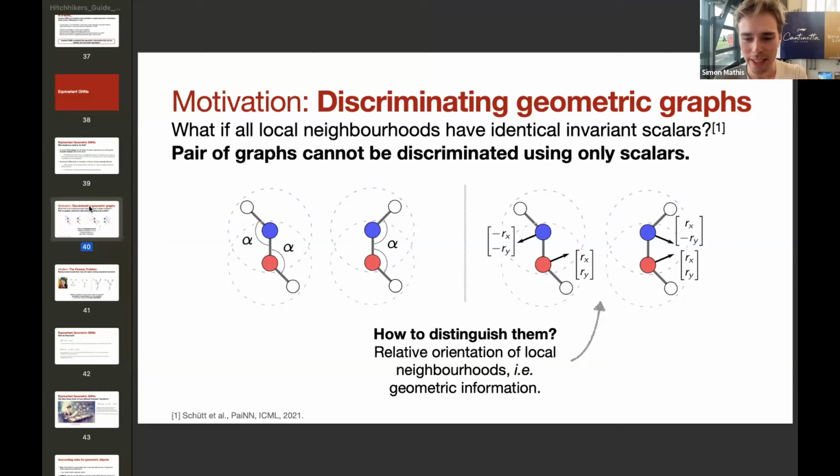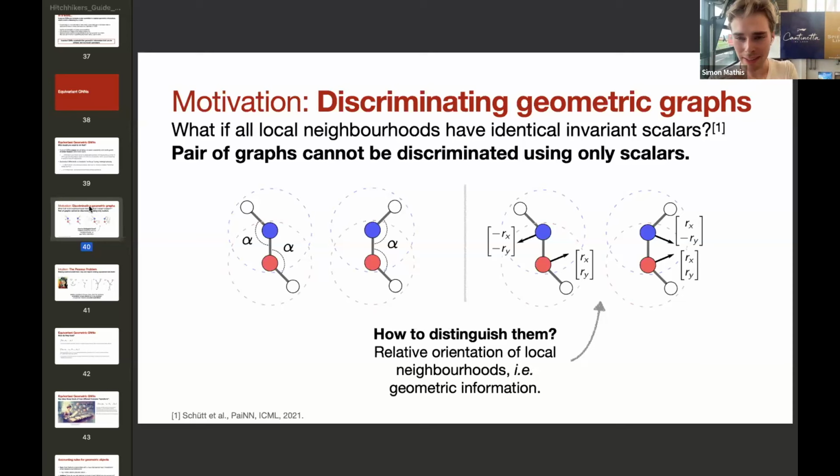And this beautiful example from Christoph Schütt and the rest of the PaiNN authors shows how if you sit at this local blue node and only know the angles and distances, you can actually not distinguish the left graph from the right graph. You could distinguish them if you were looking globally at the graph, but because you only have information from a local neighborhood, in this case the one-hop neighborhood, their one-hop invariants are exactly the same.